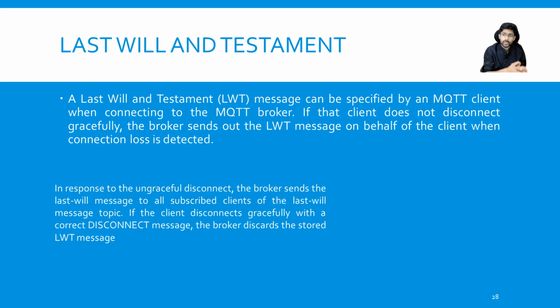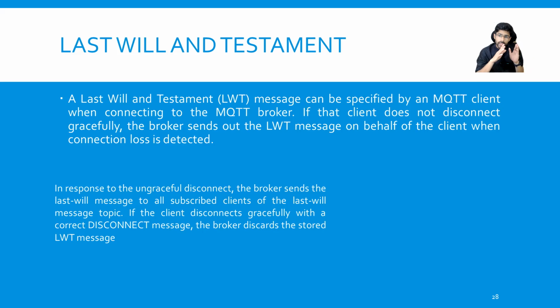Whenever your device goes offline due to some ungraceful disconnect, you are going to receive a message, whatever you put in the will payload. That particular message you will receive. For example, device 1 that is deployed in Jodhpur has stopped sending the data, right? Device 2 that is deployed in Pune has stopped sending the data.